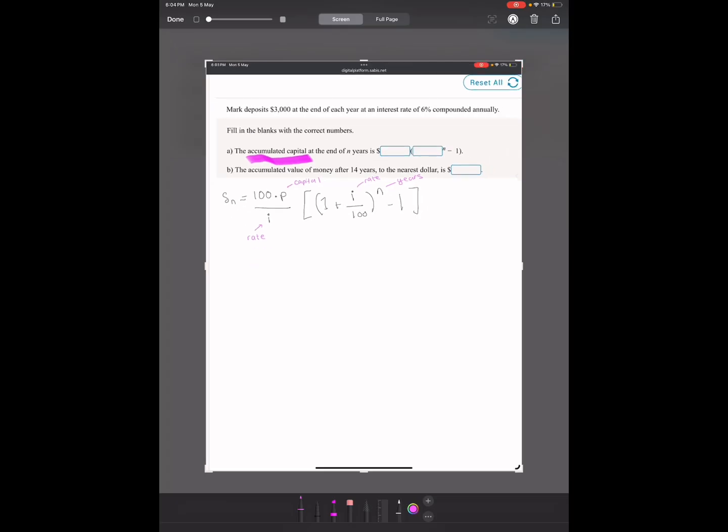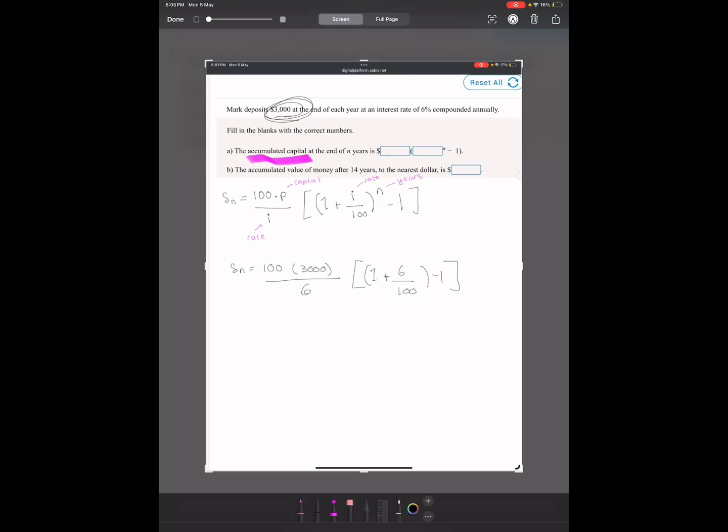Okay, now just substitute. So S of n equals 100 times capital, which is 3,000, over 6, into 1 plus the rate, which is 6 over 100, minus 1.